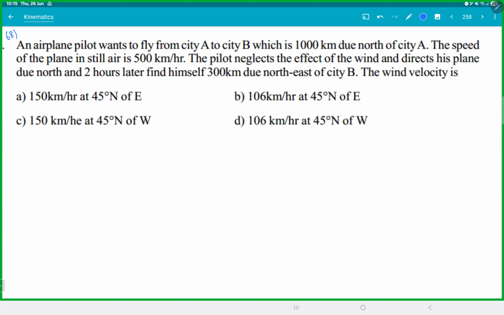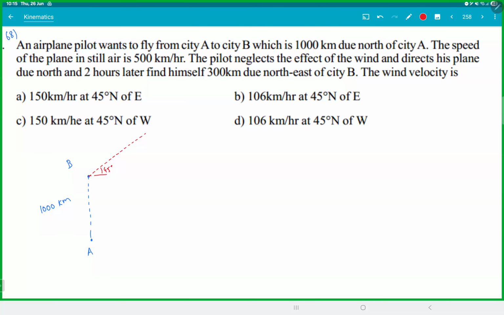Did you get the picture? This is city A. This is city B. This is 1,000 kilometers due north. This guy neglected the wind and he went away and he reached 300 kilometers due northeast, meaning northeast, that is 45 degrees.